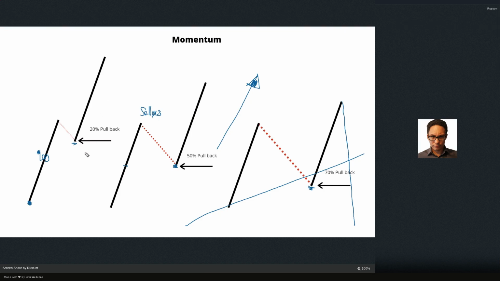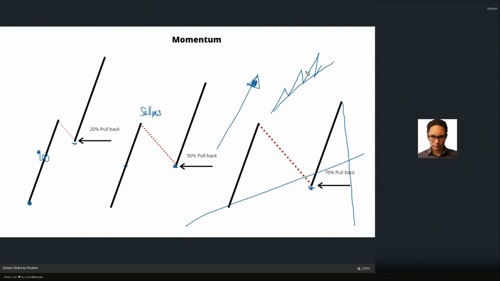So if we stack all of these on top of each other now, say for instance we're starting a trend, it's going up, it comes down, it pulls back 20%, it goes up again, and it pulls back more. It pulls back by 50%, and then it goes up and up and up, and this time it pulls back 70 odd percent of this. So the next time it pushes up there, we will have our confirmed trend.